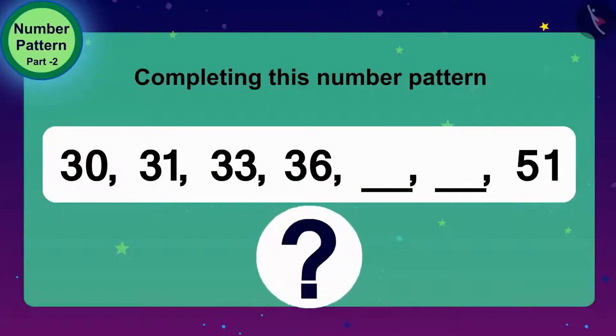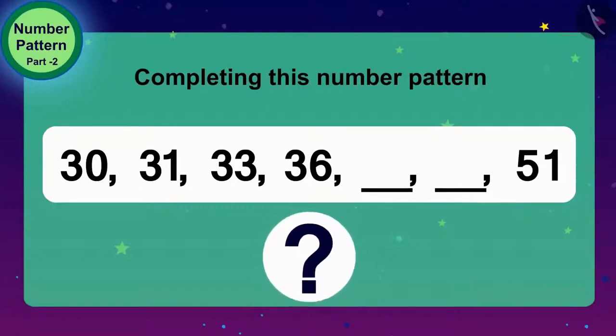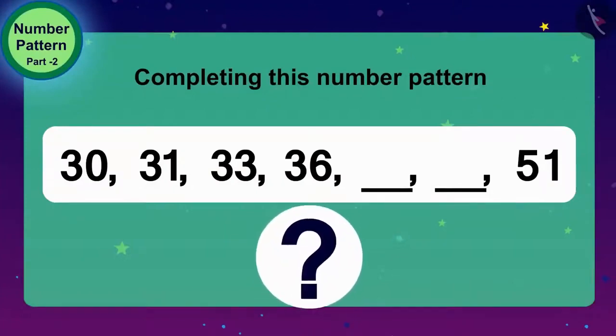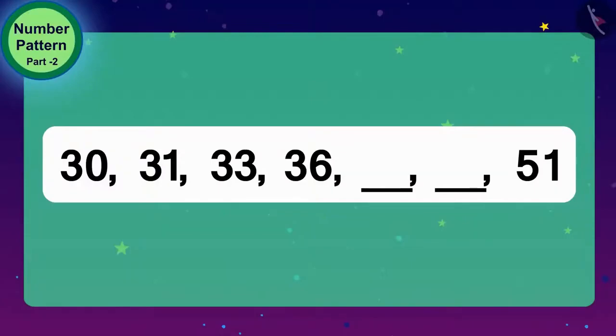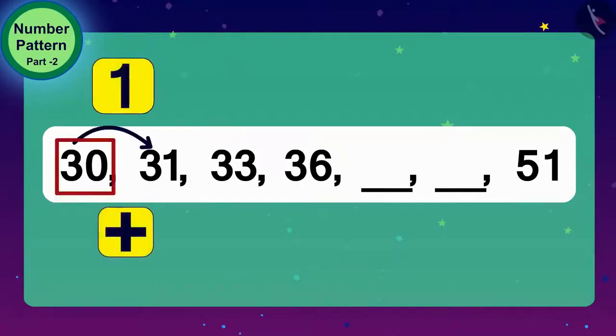Children, can you help Appu in completing this number pattern? Let us find the rule of this number pattern. What would we do if we had to reach from 30 to 31? Exactly. We will add 1 to 30.